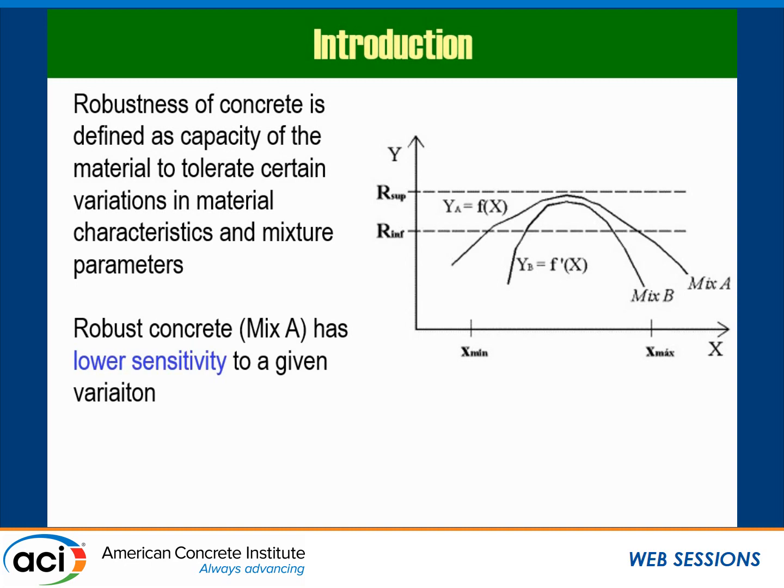In other words, you can vary the proportioning of a material, let's call it superplasticizer, from X minimum to X maximum and still meet the requirements specified to ensure that your concrete has SCC workability. Versus mix B, which has a very sharp curve, and if you deviate from the optimum point a little bit, you get into trouble.